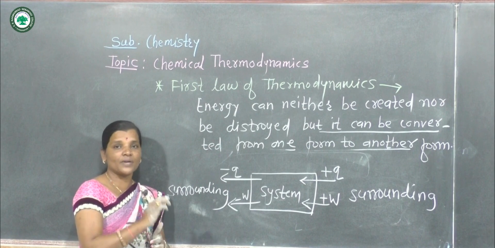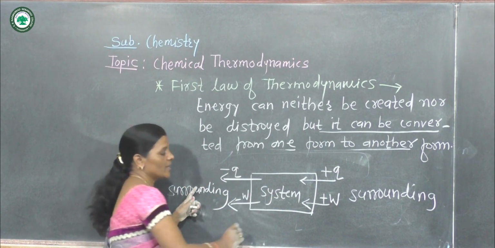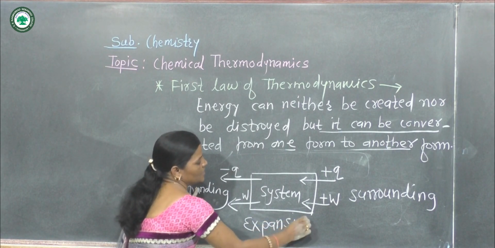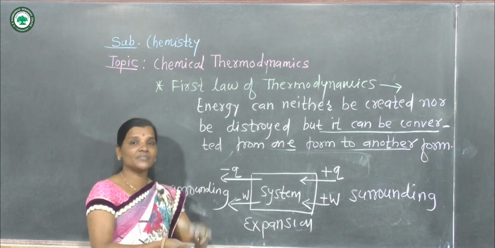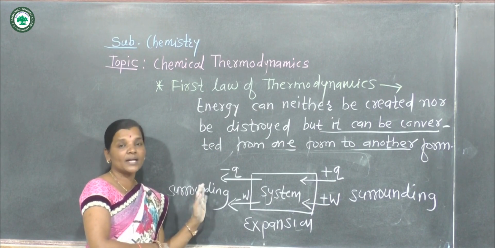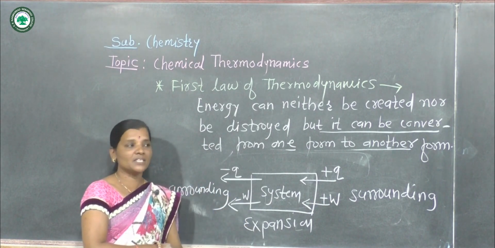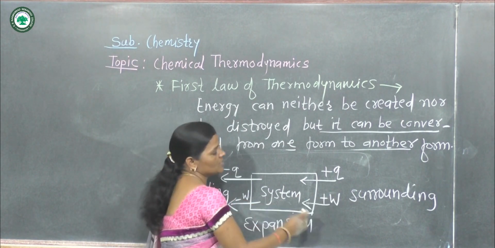Why does this happen? Because when work is performed by the system on the surrounding, expansion takes place. When expansion takes place within the system, work is performed by the system on the surrounding, so work is minus W. And when compression takes place, work is performed by the surrounding on the system.